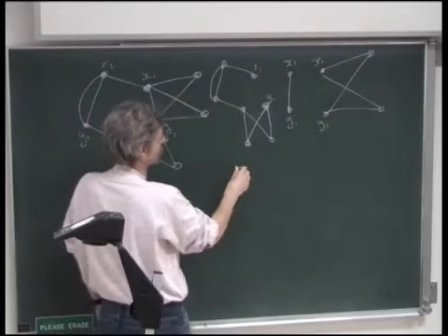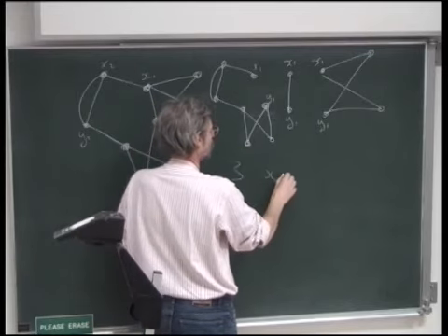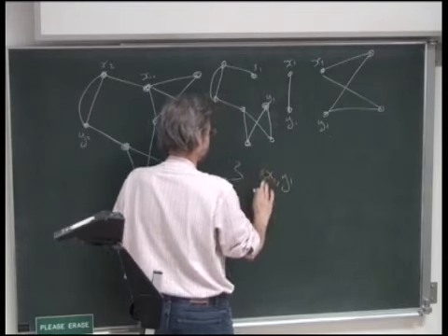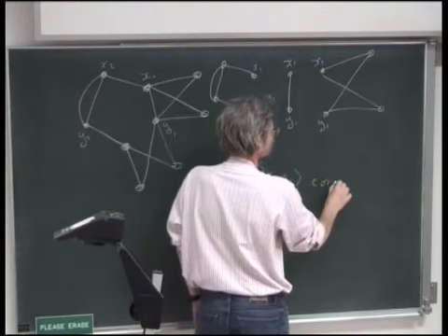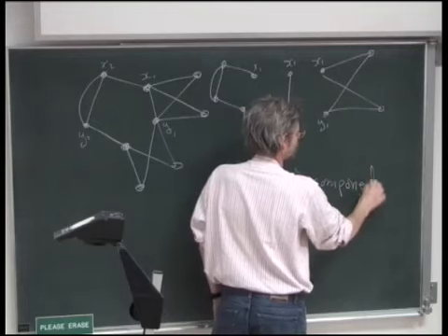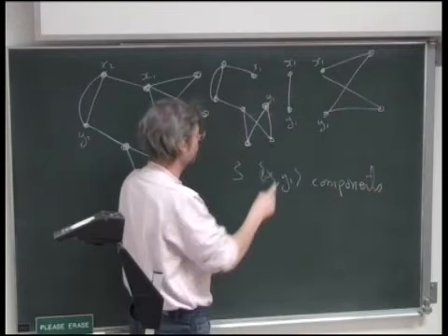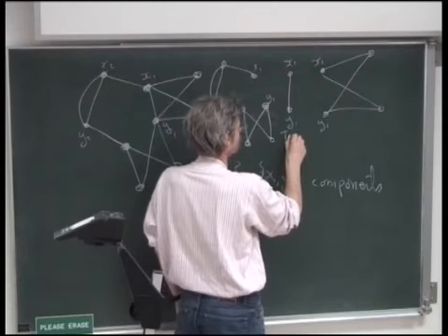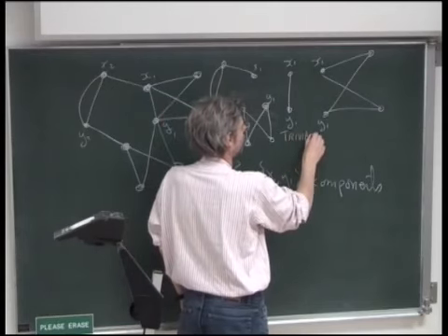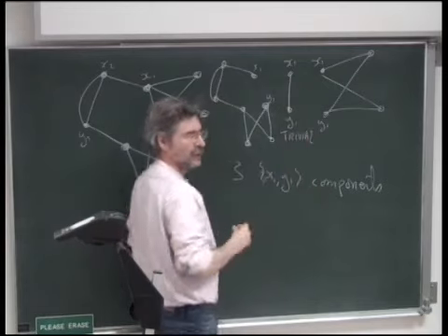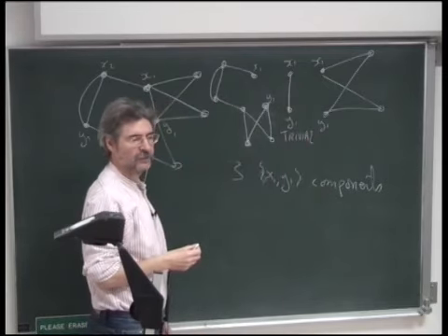So there are three x1, y1 components. And this one we call trivial, because it just consists of a single edge or a multiple edge.